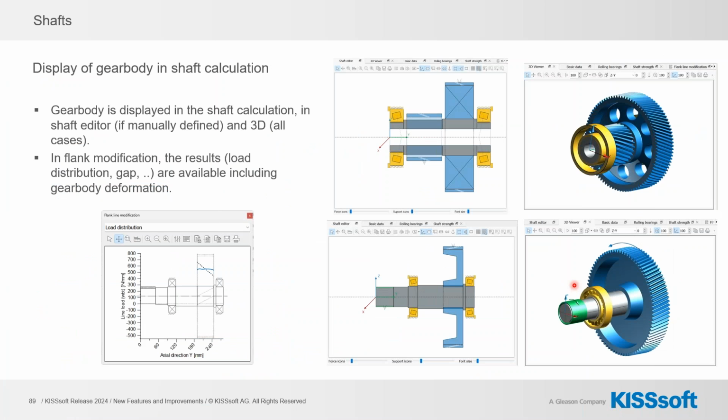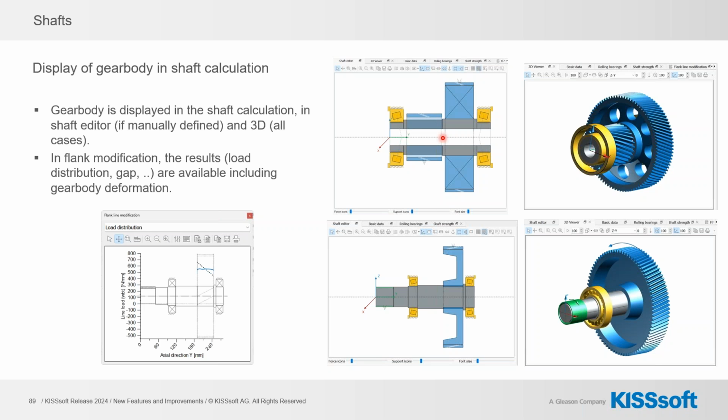Let me now continue with the topic of the gear body. As Ilya mentioned in the very beginning of this webinar, we continued in the KISSsoft software with gear body calculation and representation. And you can find here two examples of gear bodies. One gear body is defined by a step file and represented now in the shaft calculation as well.